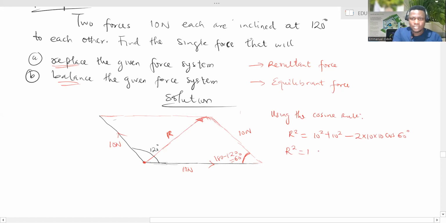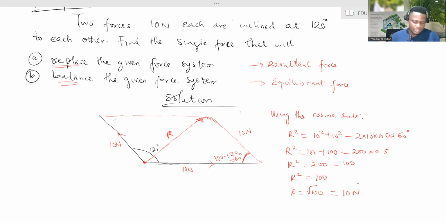This is 100 plus 100 minus 200, because cos 60 is 0.5. So we have 200 minus 100. So R squared is equal to 100. So R will be the square root of 100, which is what? 10 Newton. So the resultant force is also 10 Newton.